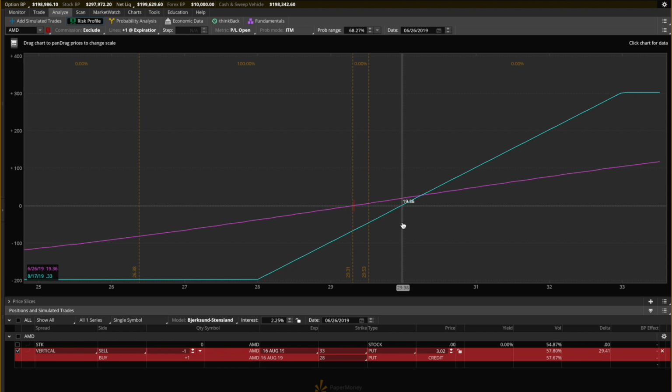Now, if the stock goes anywhere above that area at expiration, I will get to make money. I will get to keep a part of the credit that I collected by selling that put. So anything above $29.99, or let's call it $30, I will be collecting money, and I can collect my max profit at $23.31.